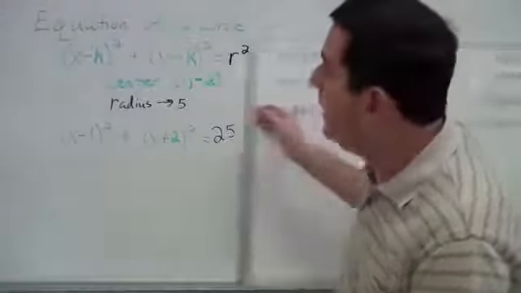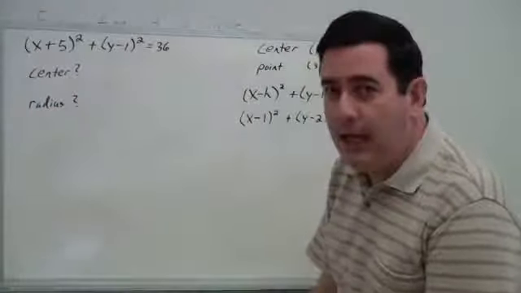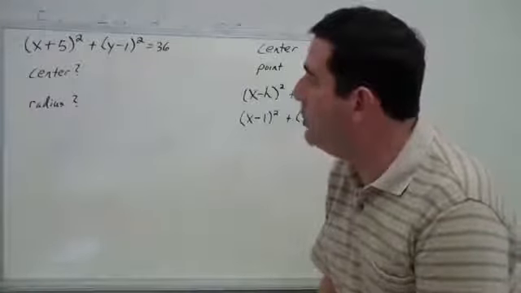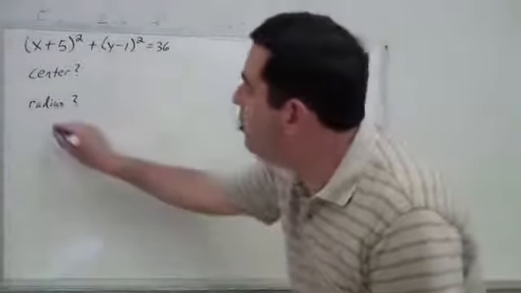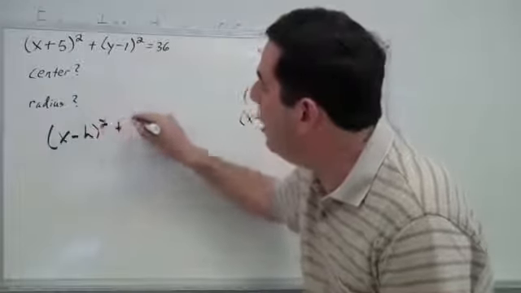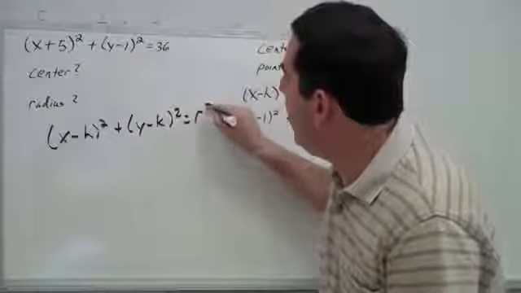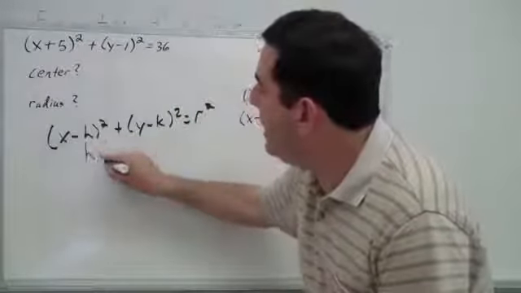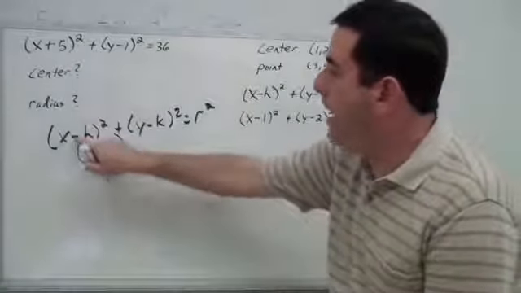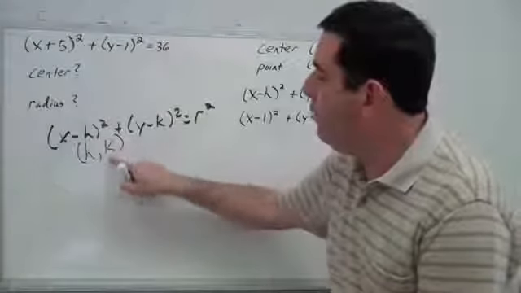Let's look at another example. Here we've been given the equation and we're asked to decide what the center is going to be. Well, if you know that the standard form for a circle looks like this, and you know that (h, k) is the center, notice that it's the opposite of what's in our formula.